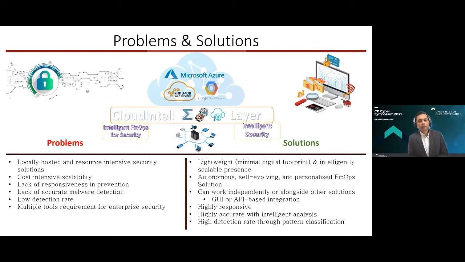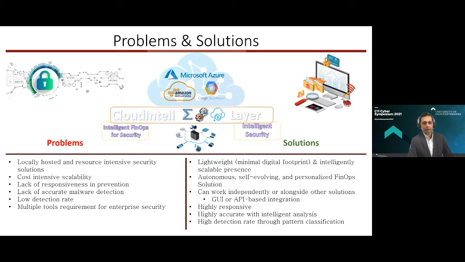Autonomous, self-evolving, and personalized FinOps solution that can work independently or alongside other solutions. It has a GUI-based interface and API-based integration. What it means is that it can be incorporated in conventional security solutions through API or independently through GUI. Highly responsive, highly accurate with intelligent analysis, high detection rate through pattern classification.